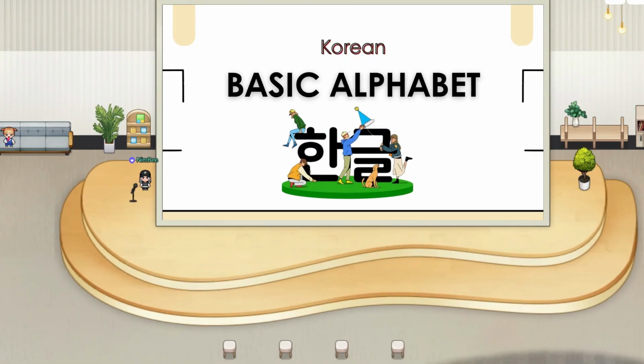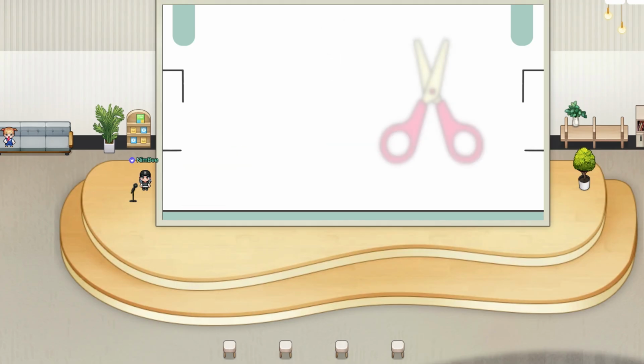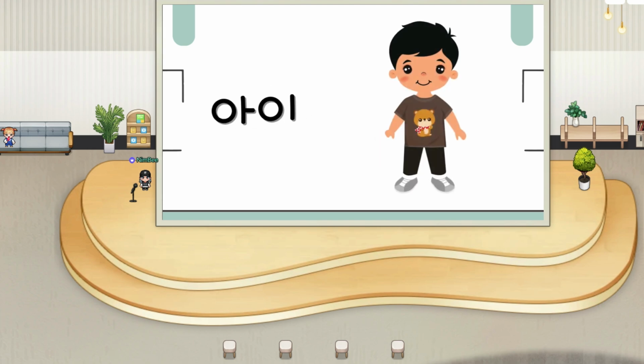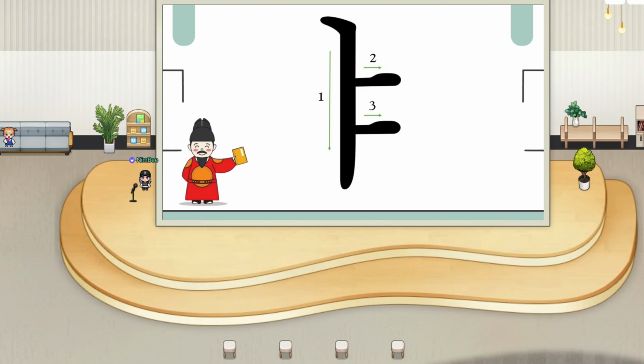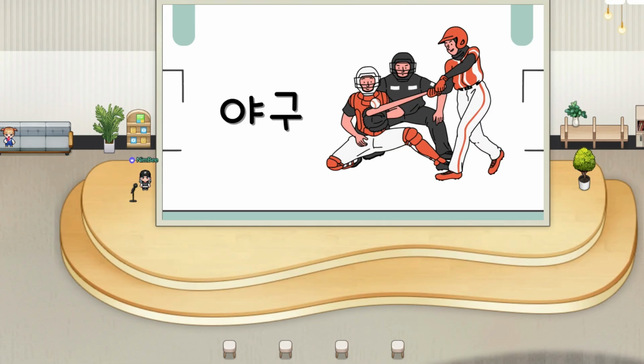As you know, we have 10 basic vowels in the Korean alphabet. The first one is a, like 가위, scissors, or 아이, kid. Next one is ya, like 양말, socks, or 야구, baseball.